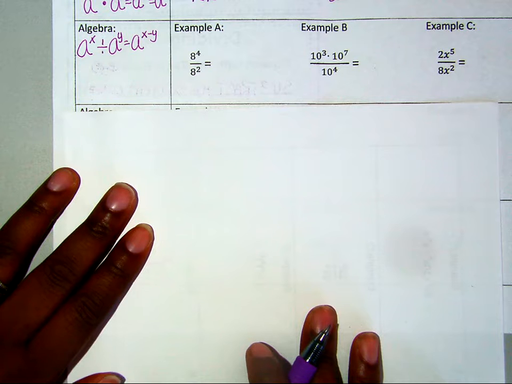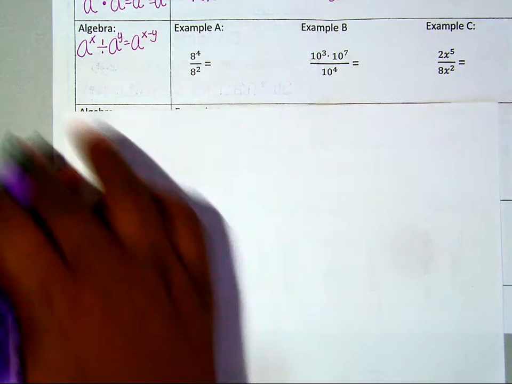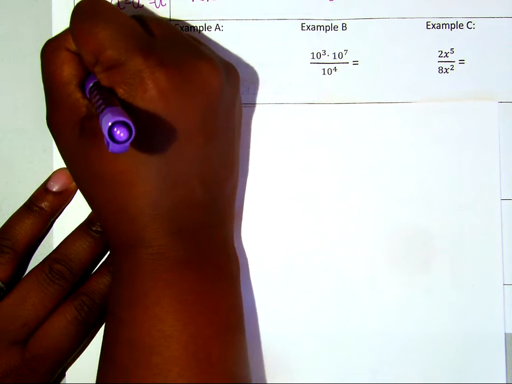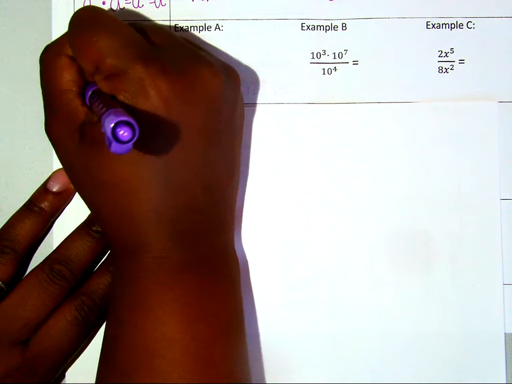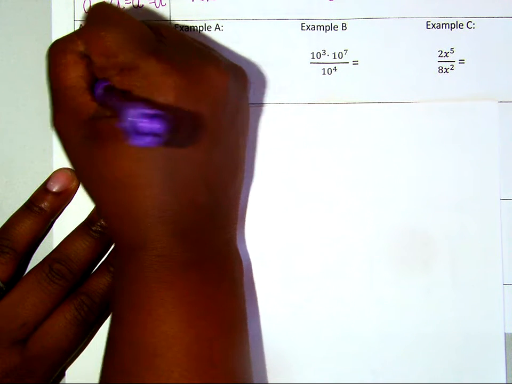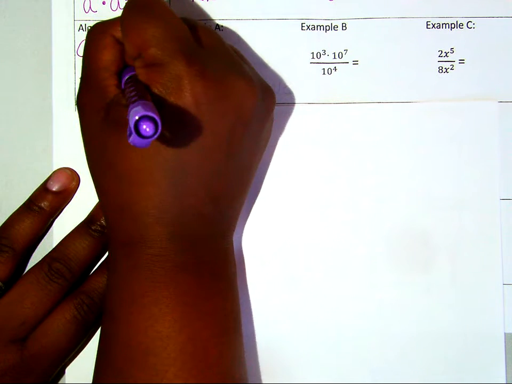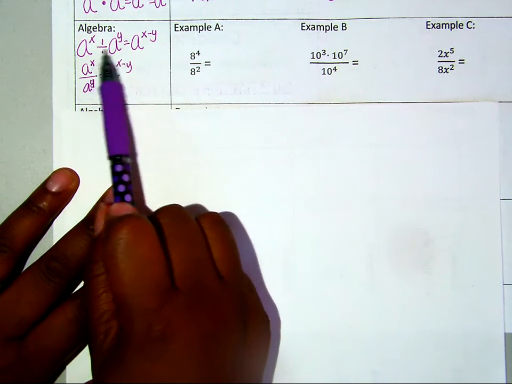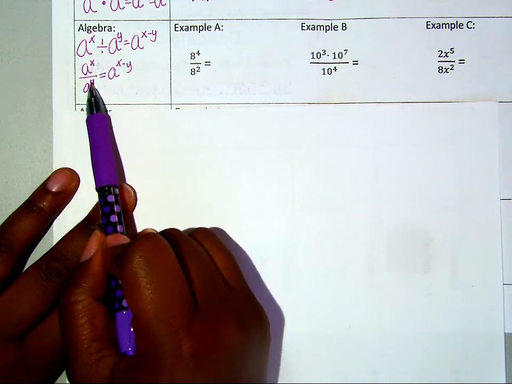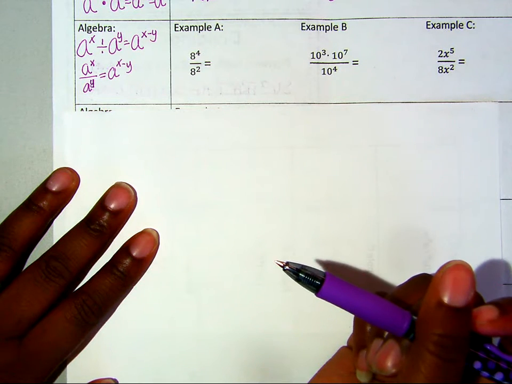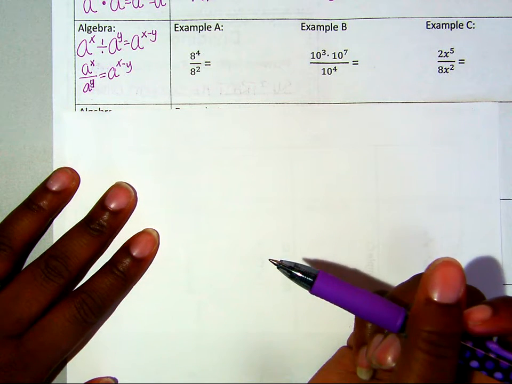Okay? Another way to see that is a to the x power over a to the y power equals a to the x minus y. So either written like that or like that. Okay? Let's do some examples.